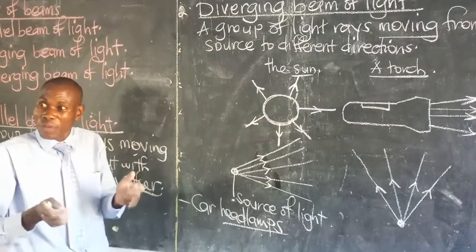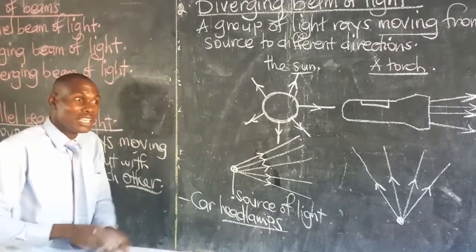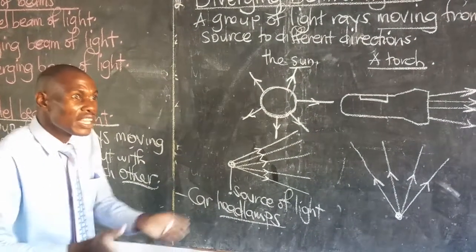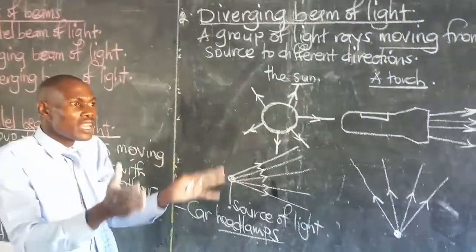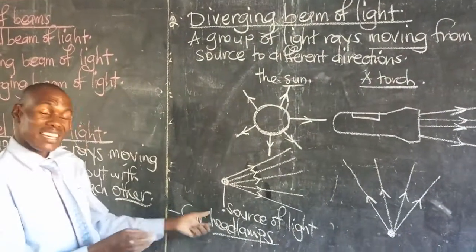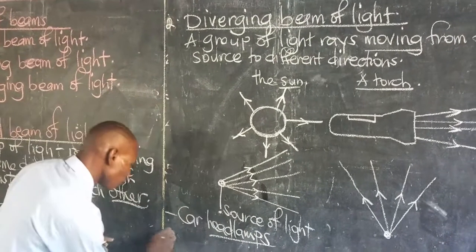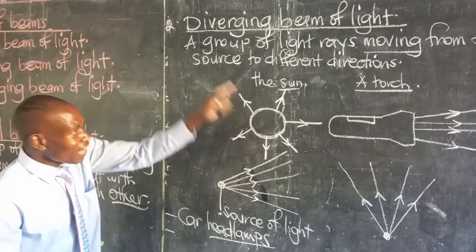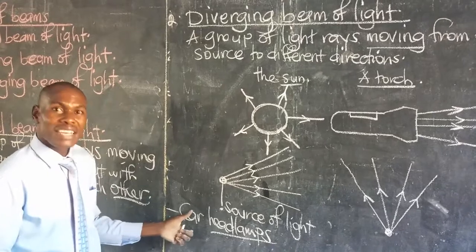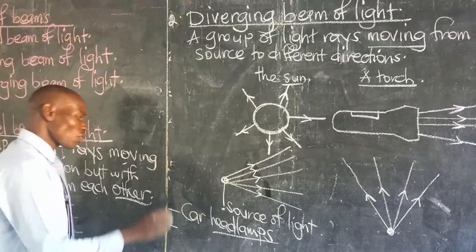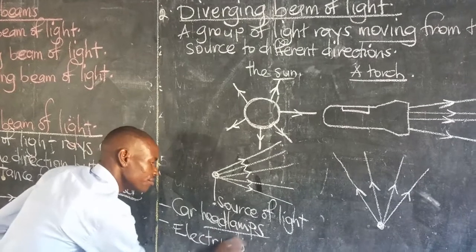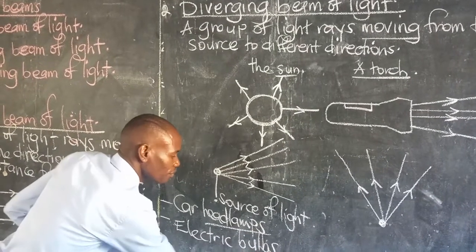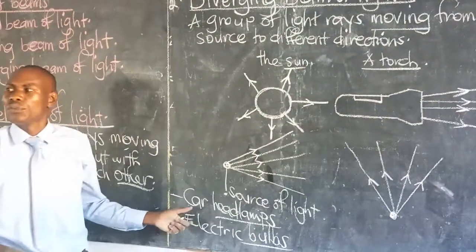You discover that your parents' vehicle, when it's coming in, is producing a beam of light. But that beam of light spreads outwards from the headlamps. I've talked about the sun, a torch, car headlamps. I can also talk about electric bulbs.